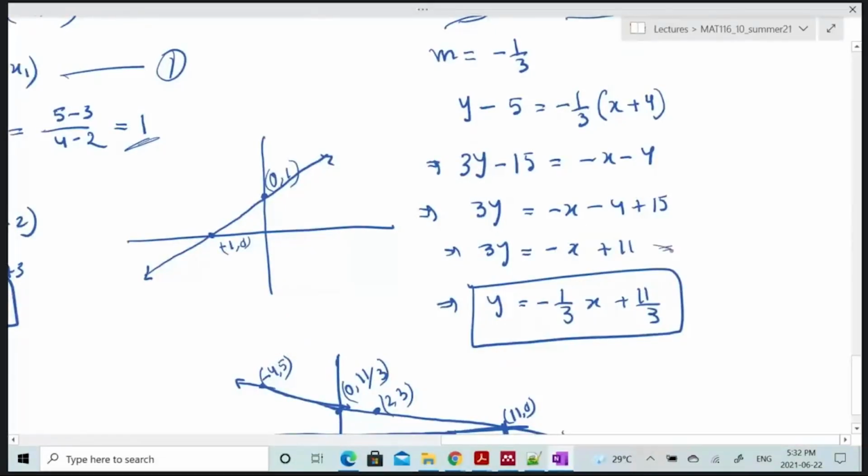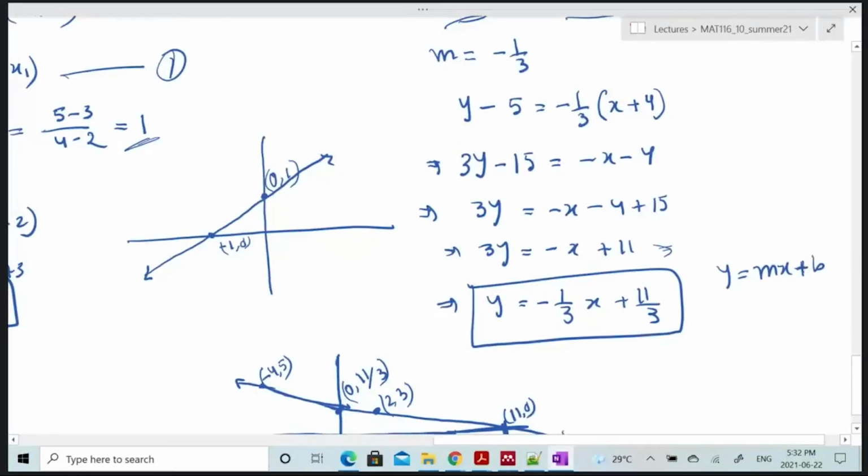This is like the general form of it, but in order to write it in the slope intercept form, you need to make sure y is free on the left hand side, because the equation we're going to compare is with y equal to mx plus b.